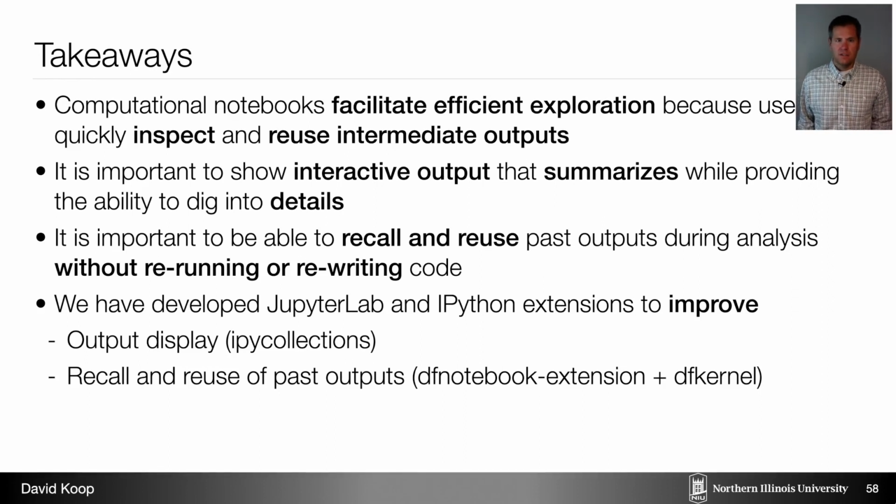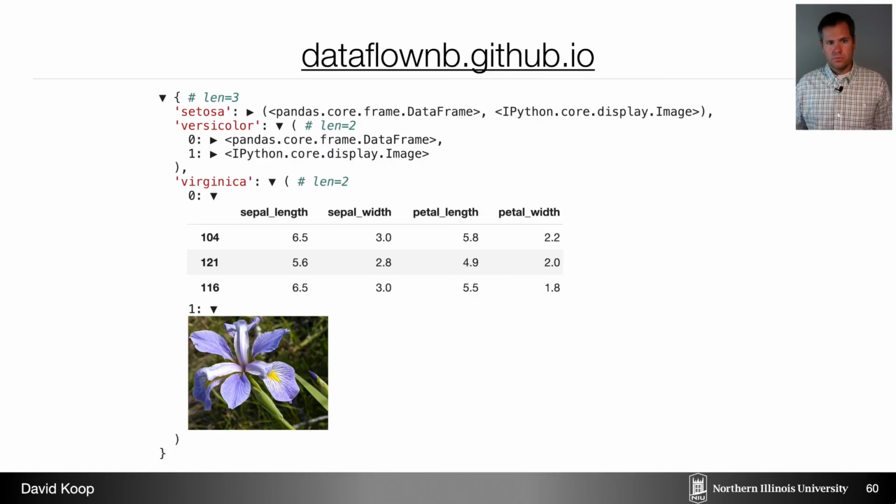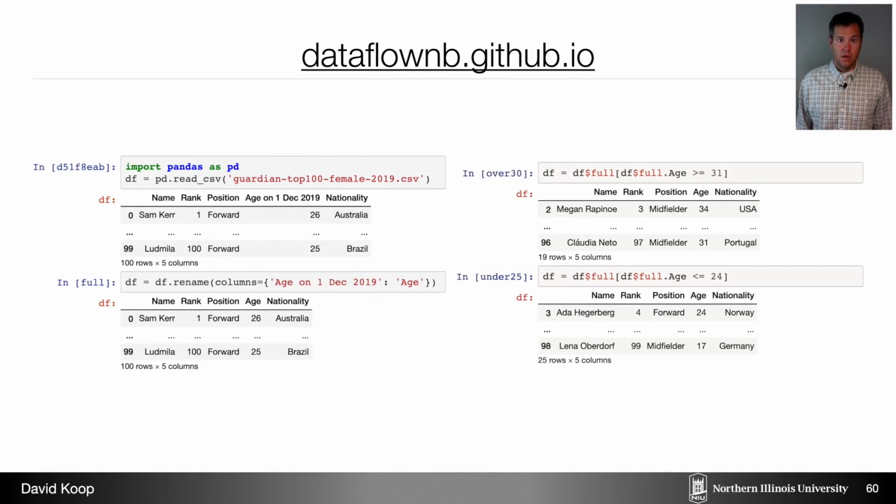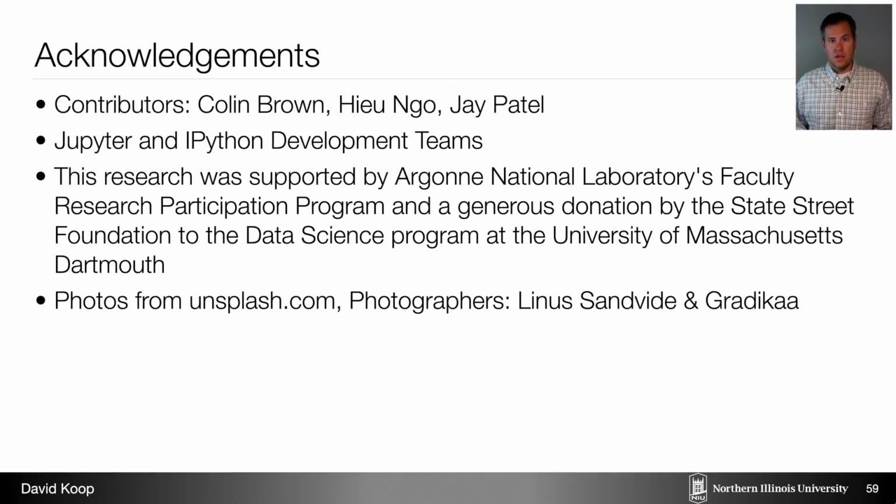So ipycollections focuses on those output displays, and the dfnotebook, the dataflow notebook, focuses on recalling and reusing those past outputs. With that, I invite you to, again, look at dataflownb.github.io to see these solutions. And also, if you have ideas or want to contribute, get in touch with us. We'll also post a link to the user study on that site.